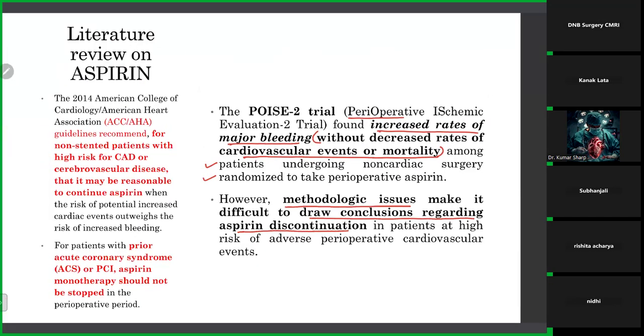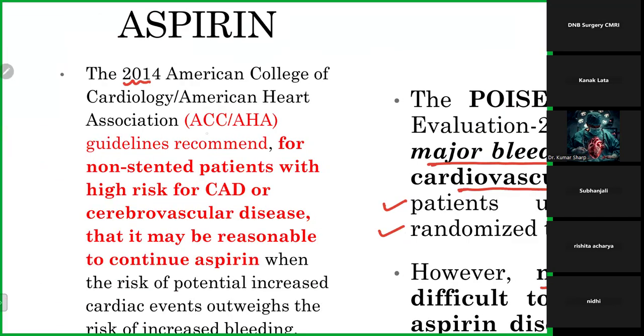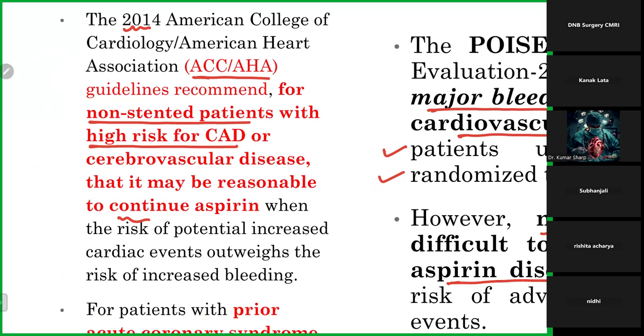Thereafter, in 2014, the ACC and AHA guidelines recommend that for non-stented patients with a high risk of CAD or cerebrovascular disease, it may be reasonable to continue aspirin when the risk of potential increased cardiac event outweighs the risk of increased bleeding. If your cardiac event risk is much higher than the risk of increased bleeding, continue aspirin.